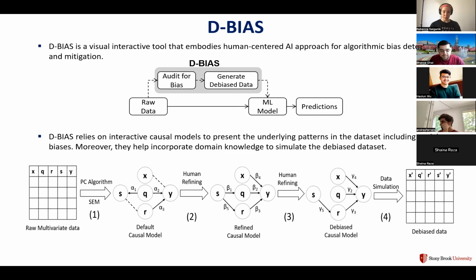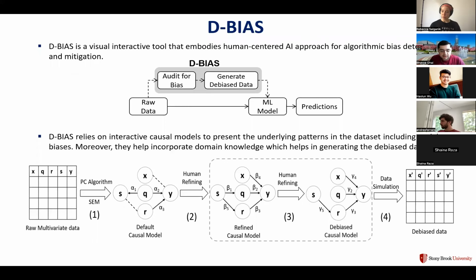So this picture right here shows the workflow of the entire tool. At stage 1, we have the raw data coming in and we try to generate a causal model. At stage 2, we try to get to a refined causal model. This human refining here in this step is because the default causal models are not perfect, so we need a human to get to a refined causal model.